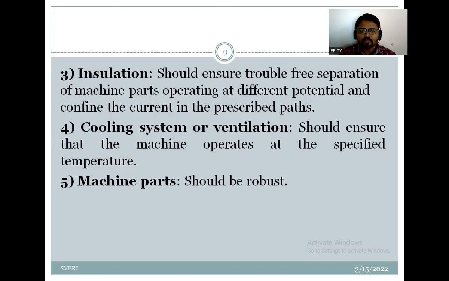Should ensure proper cooling arrangement so that machine operates at specified temperature. Full stop.